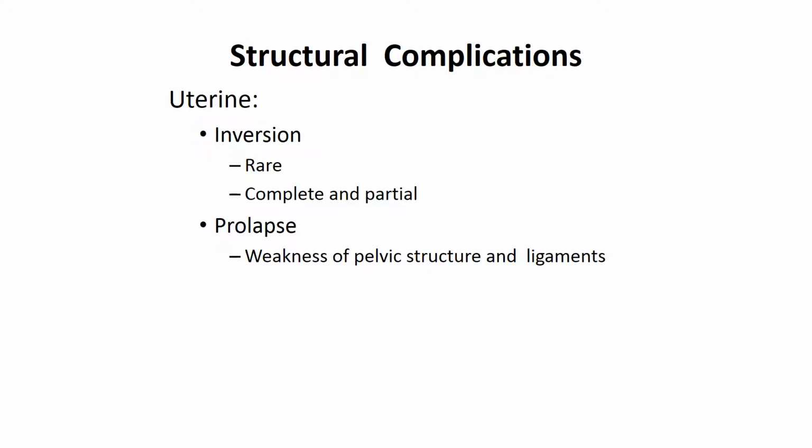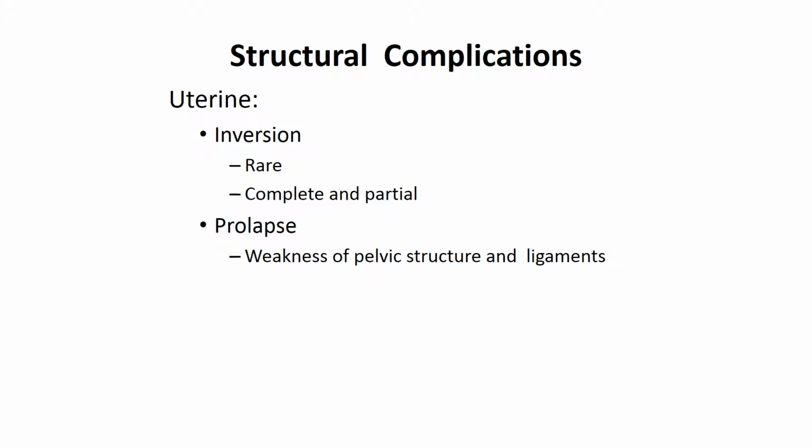Some of the risks or reasons that we see these things is if we have a placenta that is implanted in the fundus as opposed to a right or left side or anterior or posterior, then sometimes the implantation is deeper than what it should be. So when the placenta starts to come out, it's bringing the uterus with it.